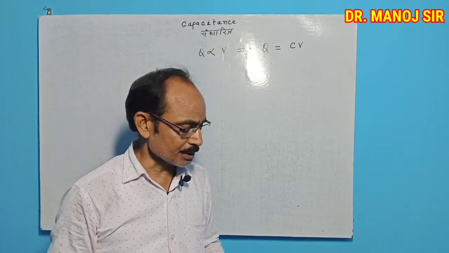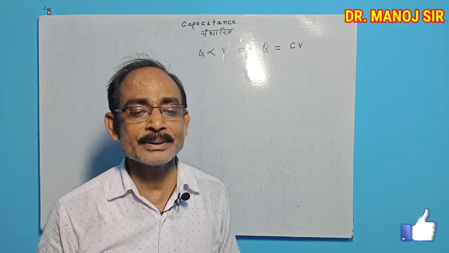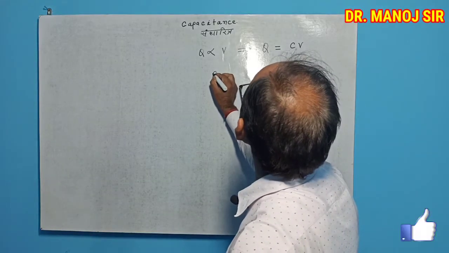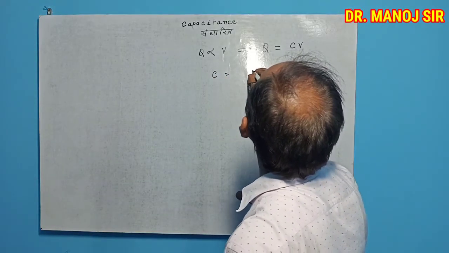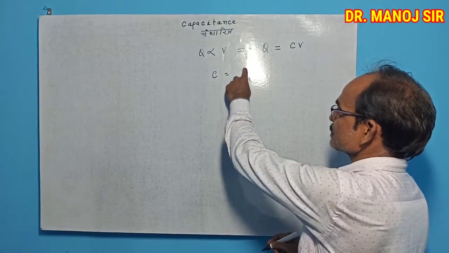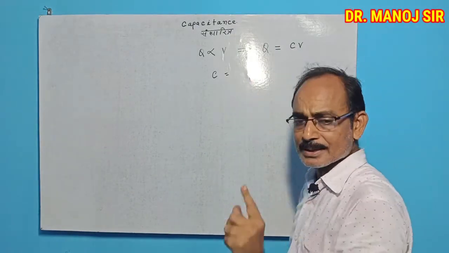Capacitance is a scalar physical quantity with dimension, that is C equals Q by V, where Q is the charge and V is the potential.